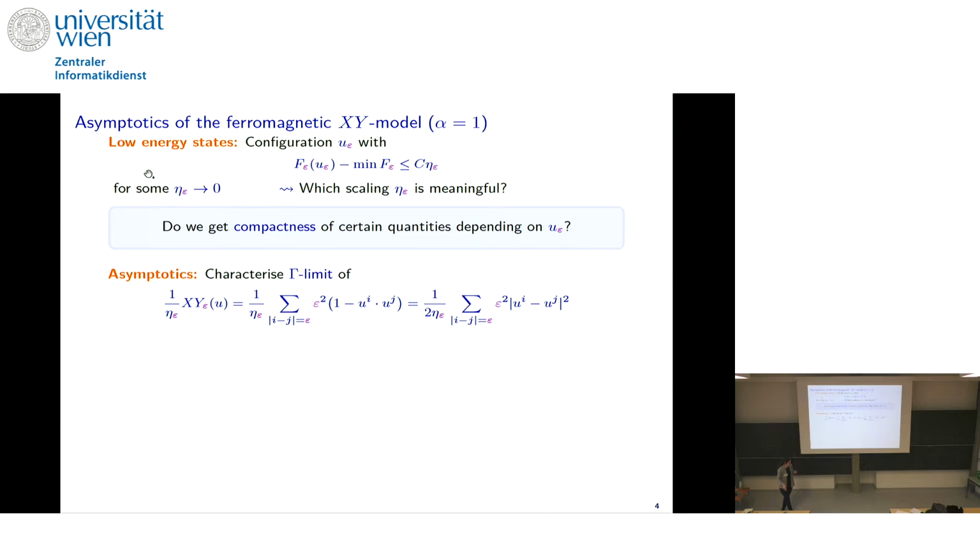The nice thing is that if I now take the piecewise affine interpolation of my u, this will give me something which looks like the gradient, if I choose the eta epsilon to be epsilon squared. Then this will essentially look like the gradient of the piecewise affine interpolation. Of course, this is nice, but maybe this is a bit too strong. The eta epsilon was chosen a bit too small.